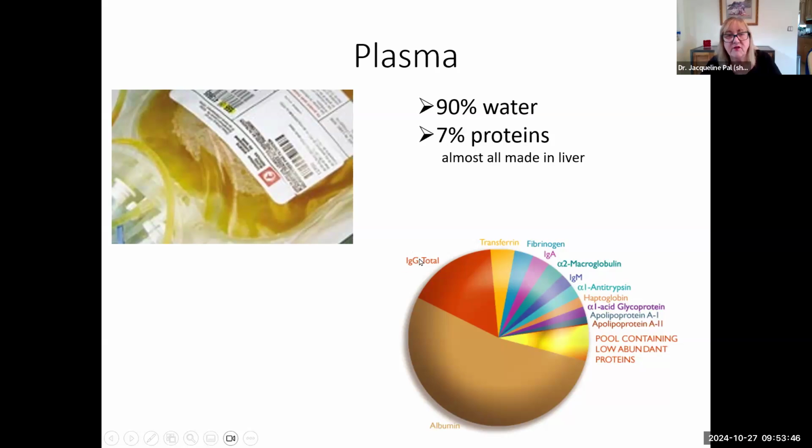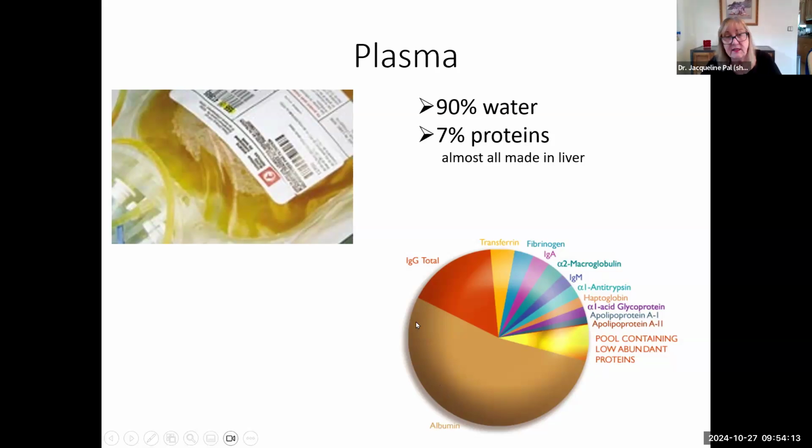These that have an Ig in front of them, like IgG, IgA, IgM, these are immune globulins, which is just another way of saying antibodies. Transferrin is a protein that carries iron when it's in your blood. Fibrinogen is a protein that has to do with blood clotting. These lipoproteins, apolipoproteins, these are proteins that carry cholesterol in your blood.